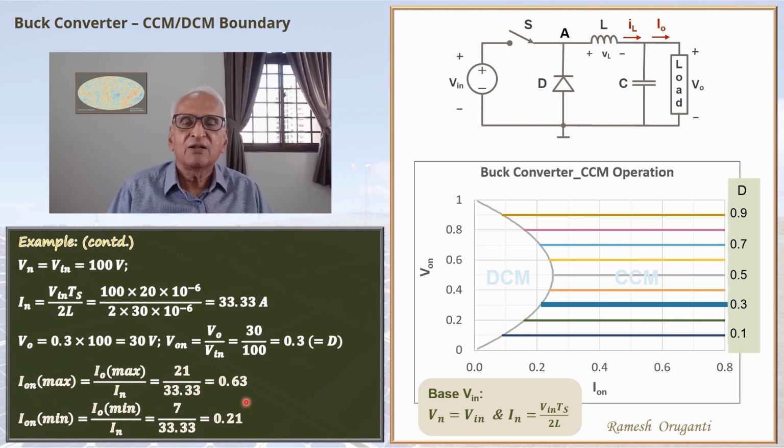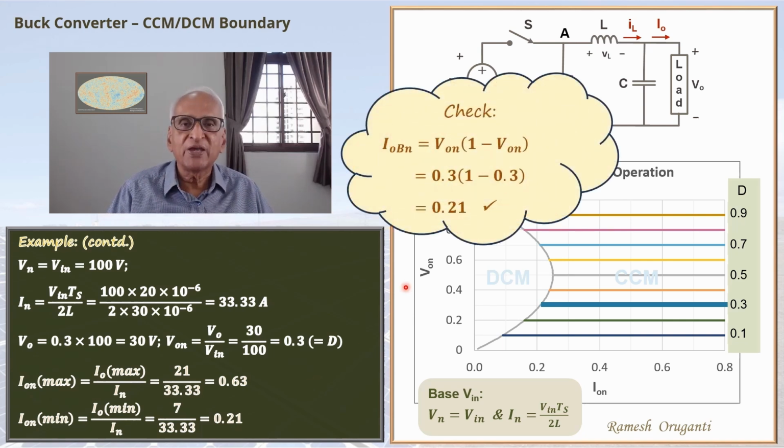Now we can do a little cross check. This minimum ION must be on the boundary. So let us check it. IOBN, that is the boundary normalized current. Just a short while ago, we showed that it is equal to VON times 1 minus VON. VON is 0.3. That is 0.3 times 1 minus 0.3.